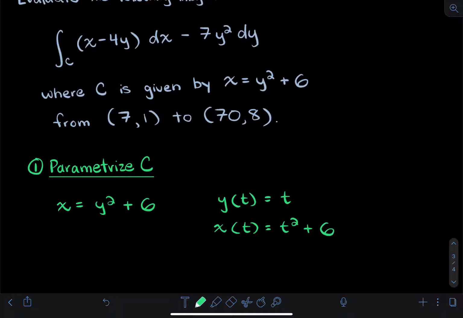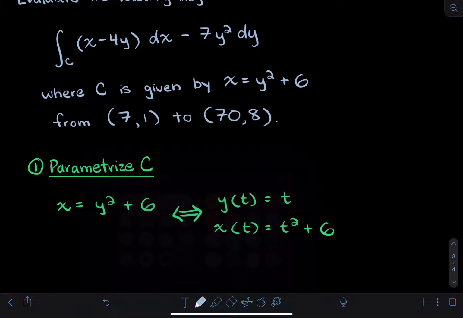And if I look at the form that we were given in the question, if I put in 1 as y, I'm going to get x to be 7 as well. So as you can see here, these two forms are really interchangeable. But the parametric form is the one that we want when we're trying to evaluate this integral. Now, I want to emphasize this because it's quite important here.